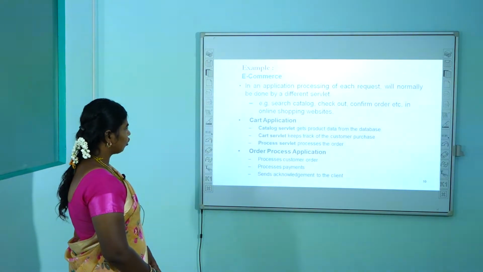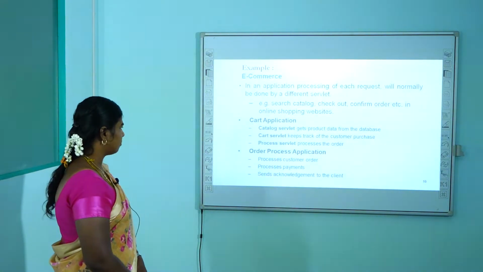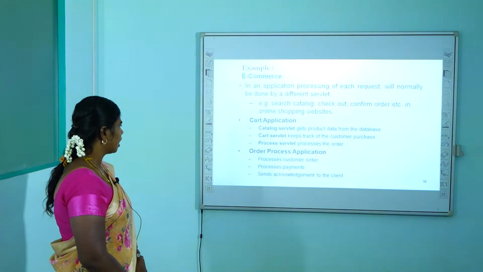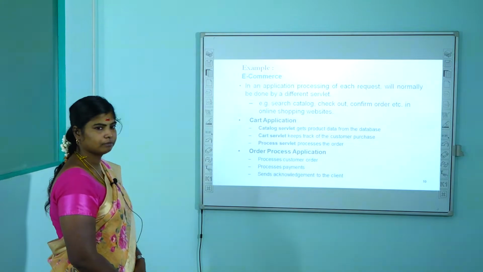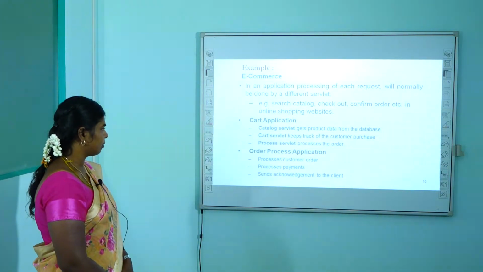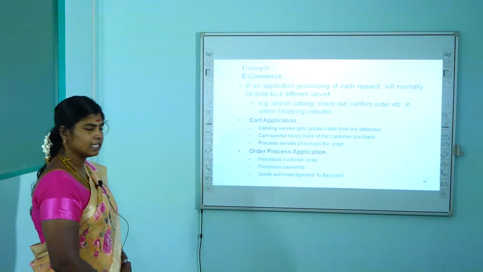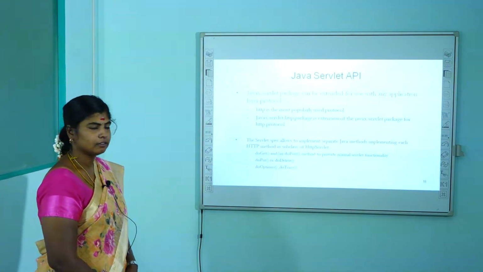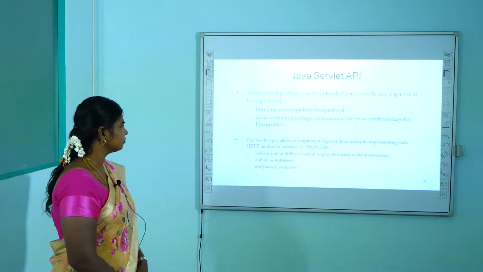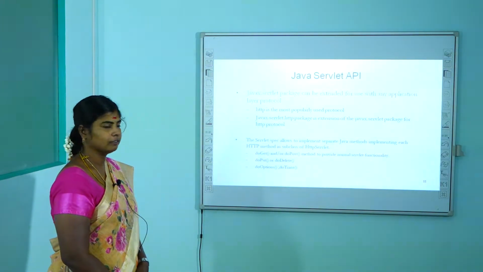The catalog servlet gets product data from the database, and the cart servlet keeps track of the customer purchase, and the process servlet processes the order. For the order process application, it processes the customer order, processes payments and sends acknowledgement to the client. So these are all the ways we use servlet technology in our application.